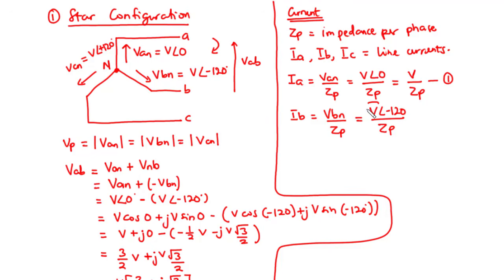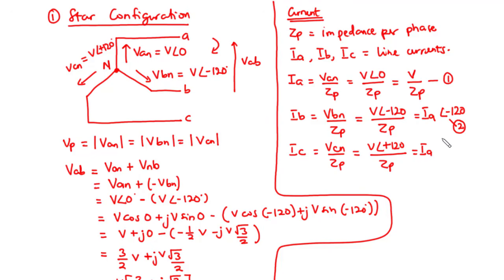Therefore, we can substitute IA in place of V over ZP, so that we have IB equals IA polar negative 120. Let's call this equation 2. Now also for IC, we have IC equals VCN divided by ZP, and that is equal to V polar plus 120 divided by ZP. Now V over ZP is equal to IA, so that becomes IA polar plus 120.